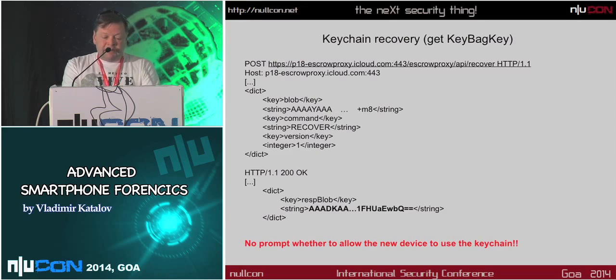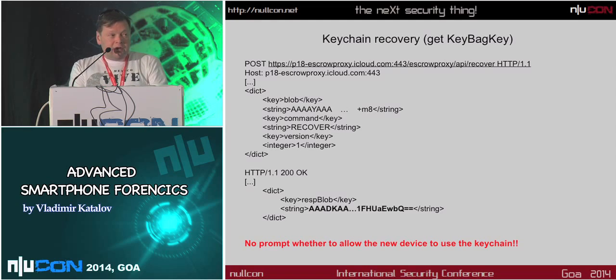And finally, the keychain recovery itself is retrieving the keyback key. And this is the final step. Using that key, we decrypt the keyback, and using the keyback data, we decrypt the keychain itself.